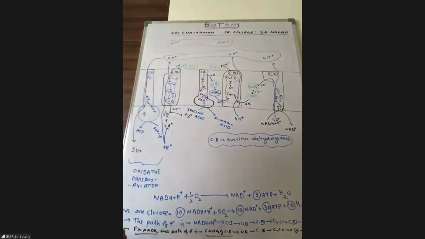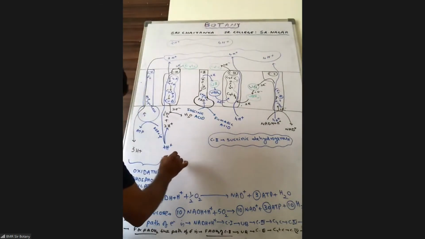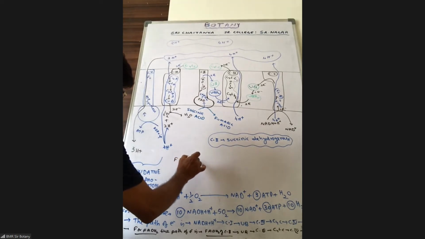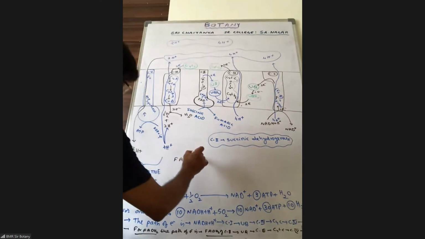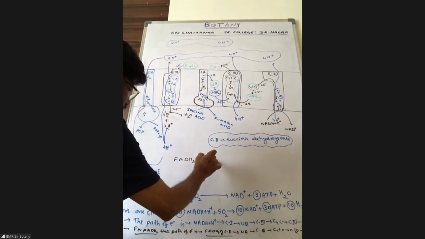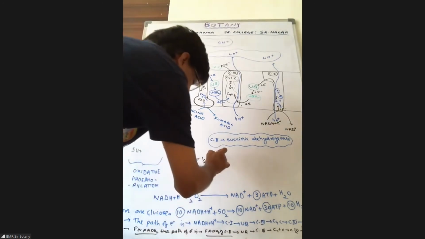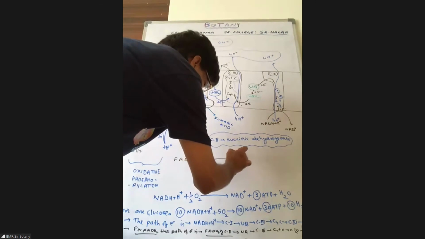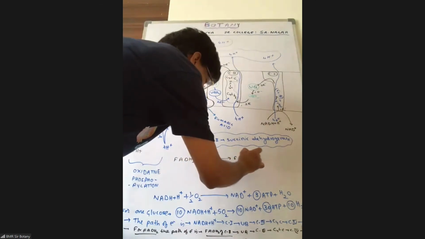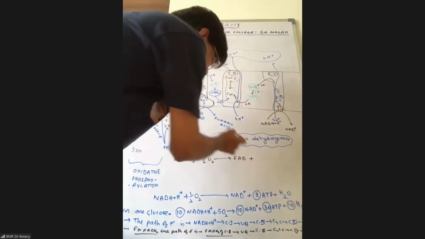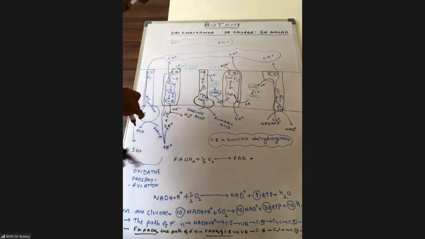So I'll write that here now. For one FADH2 substrate undergoing oxidation, we provide as usual half O2. So this becomes FAD. Then how many ATPs are you likely to get for each FADH2?